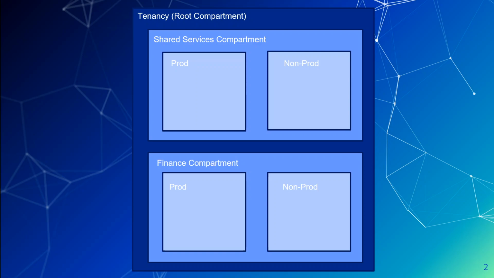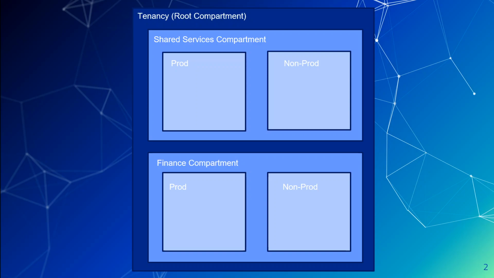There could be six levels of hierarchical structure in the compartments, which means that you can have compartments and subcompartments and subcompartments up to six levels.